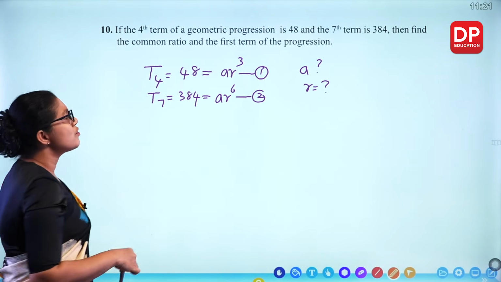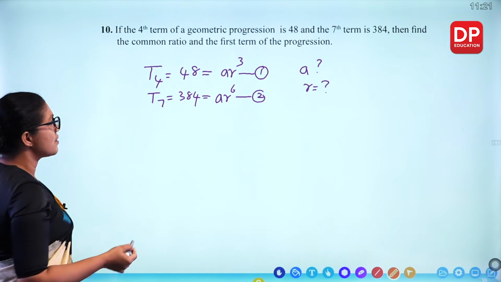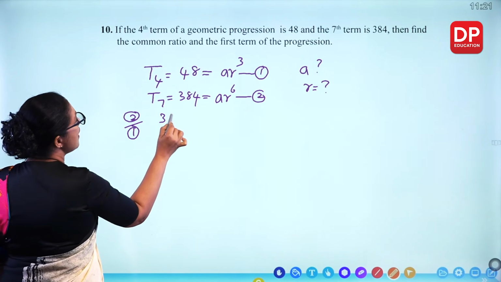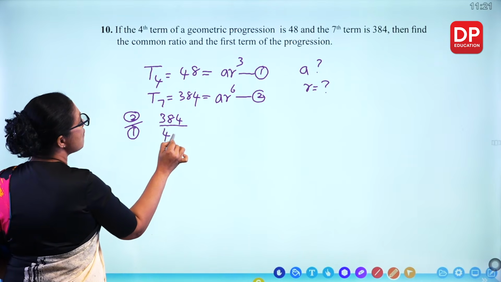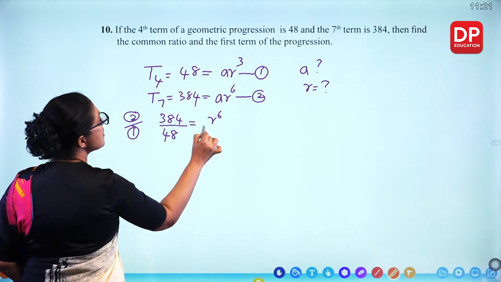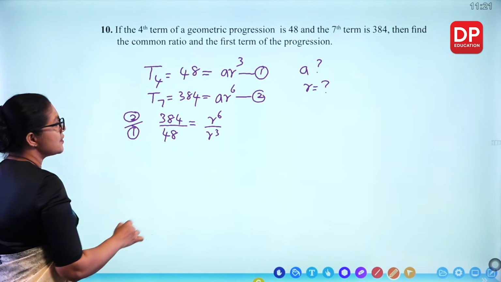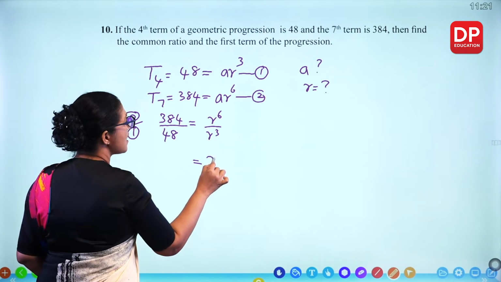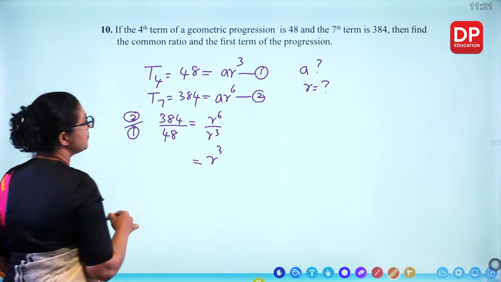When you divide the two equations, a gets cancelled out. So 2 divided by 1, 384 divided by 48. a gets cancelled out, r to the power 6 over r to the power 3. Same base, different powers, you can subtract the powers. r to the power 3.